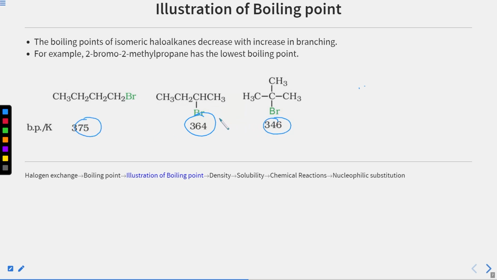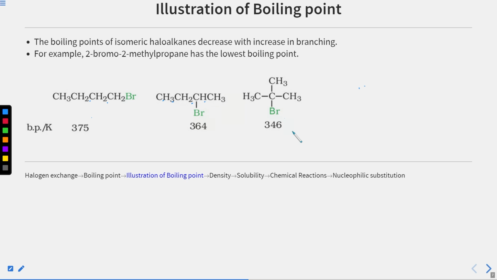They have the same molar mass because the number of carbons is 4 here, and here it is also 4, and here also 4. 1 bromine, 1 bromine, 1 bromine. If you count the hydrogens, we have 3 plus 2 plus 2 plus 2, that is 9. Here also 3 plus 2 is 5, 6, 7, 8, 9, and here also 3 plus 3 plus 3, 9. So you can see that they have the same number of atoms, so they will have the same molar mass.